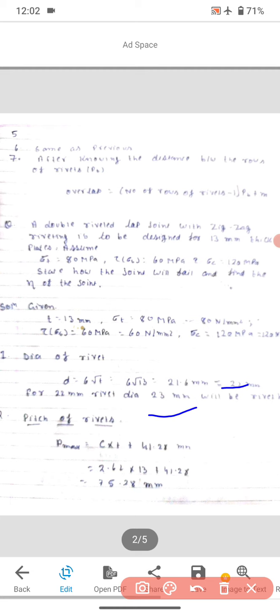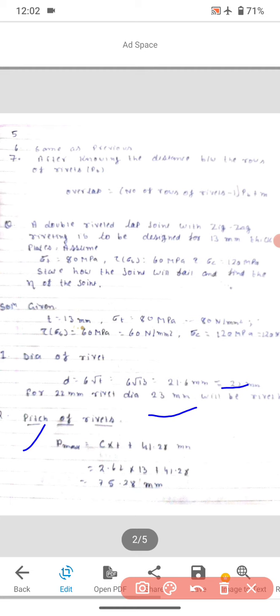Now the next step will be the pitch of the rivet. And how are you going to find it? C multiplied by t plus 41.28 mm will be your maximum pitch value. Now from where are you going to find the C value?